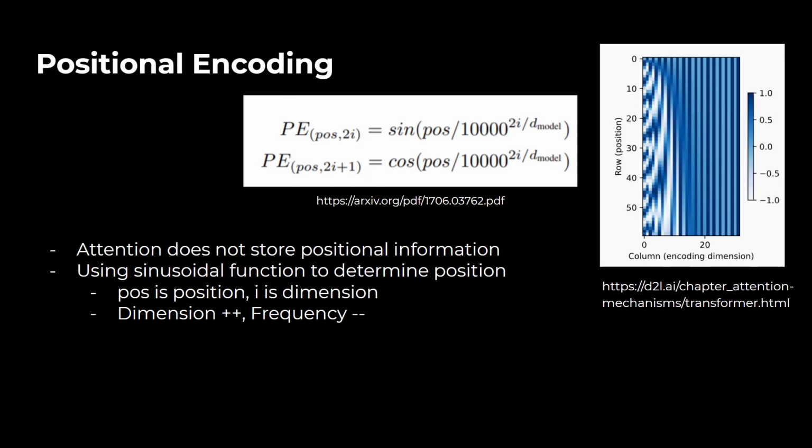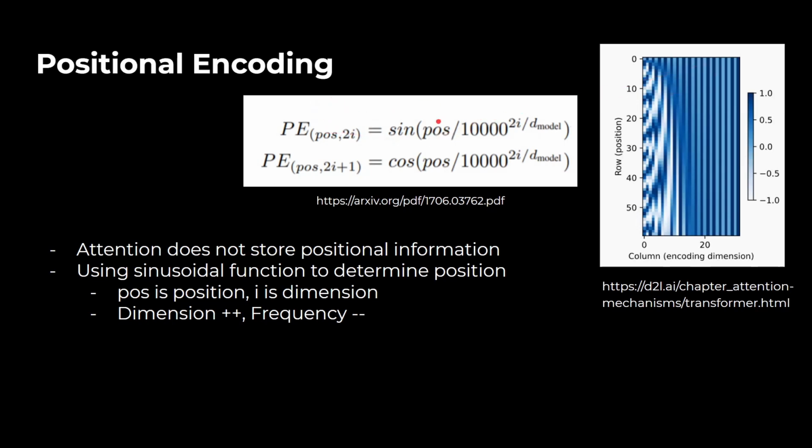But that doesn't work because if the number of words in a sentence gets bigger, then it's hard to put that in the model. They decided to use sine and cosine because it is inspired by the Fourier series. I would not be explaining the Fourier series, and I might not understand it, but it is inspired by it.